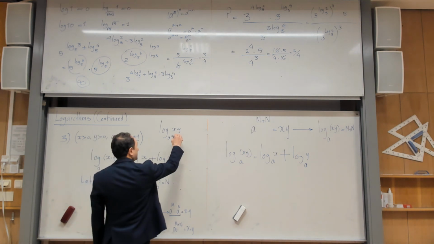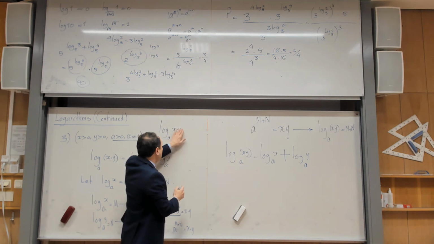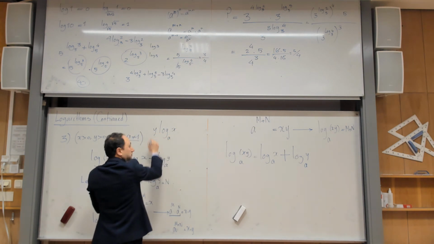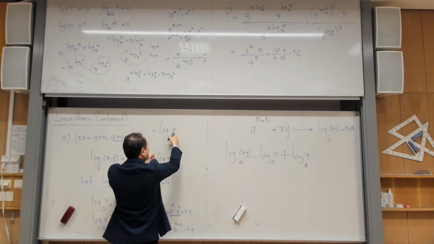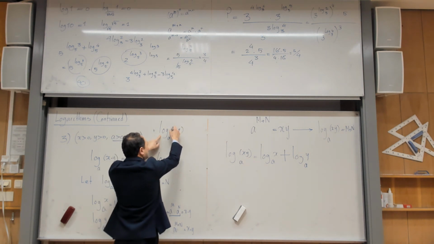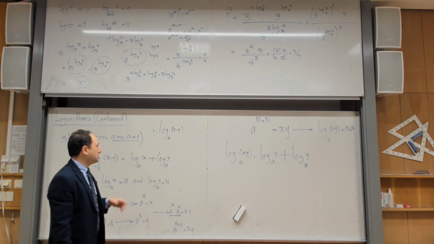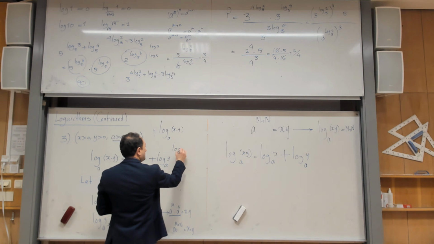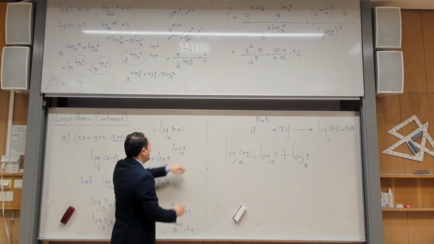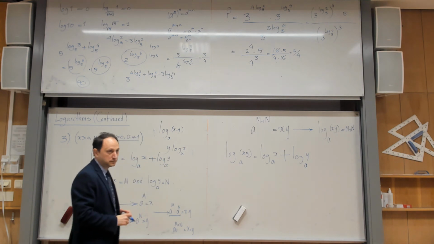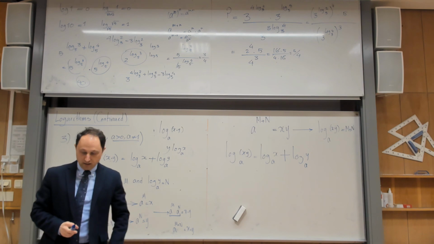If you mean log of x multiplied by y, then it is better to put y here. And if you mean log of x times y, then it is better to put a pair of brackets. So you have to avoid that. But if you just punch this in the computer like this, the computer will probably interpret it in that way. I don't know, but I think that's the impression. So you should avoid this kind of thing.